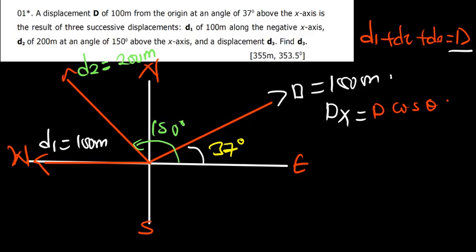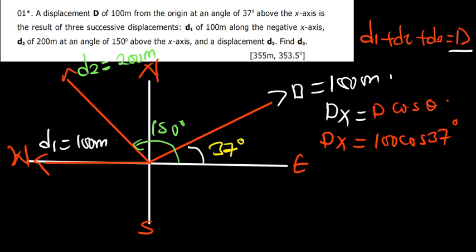Okay? So now, in this case, I'll say my D is the vector, which is 100, cos theta, theta is the angle. In this case, the angle which I have is 37 degrees. Okay? So I'm going to say 100 using a calculator, cos 37. What is the answer?